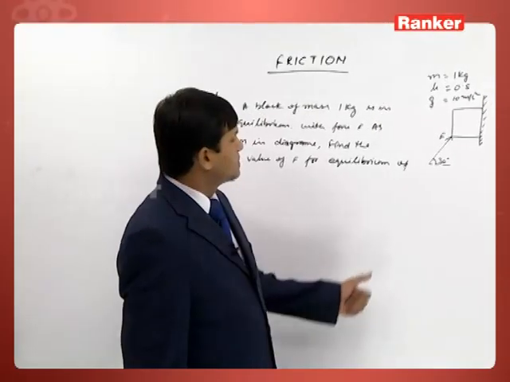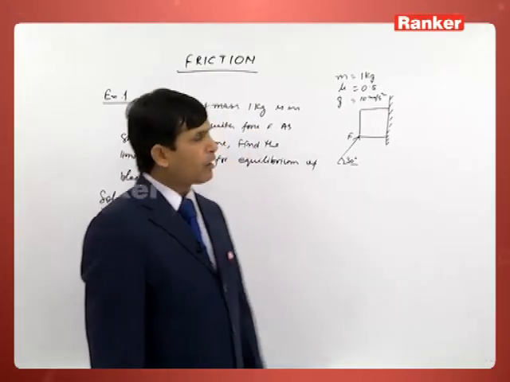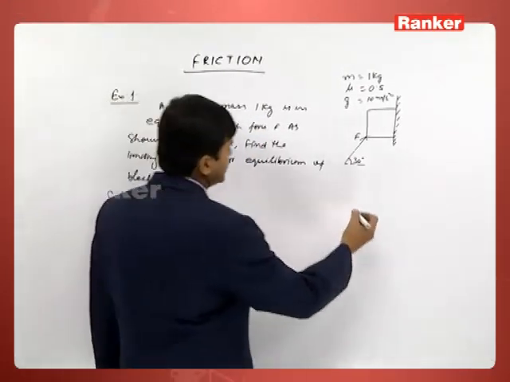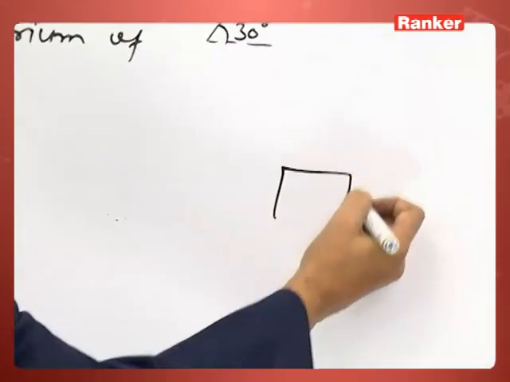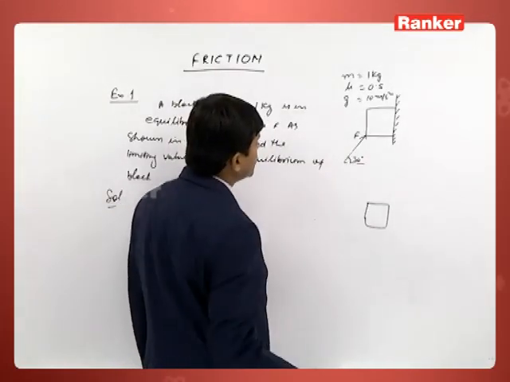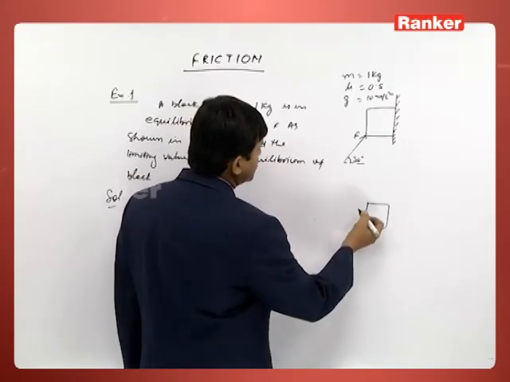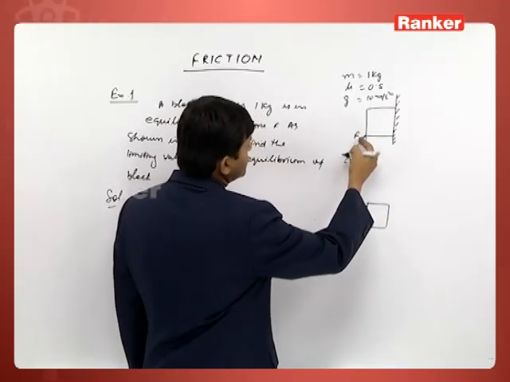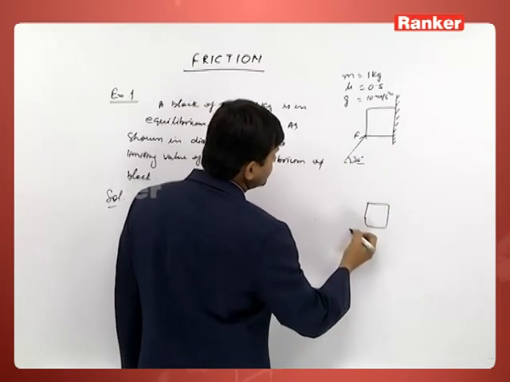Now, we will make FBD of the block. First, see this. This is your block. Whatever the forces acting on the block, first we will see those forces. Before applying F, we will resolve it.